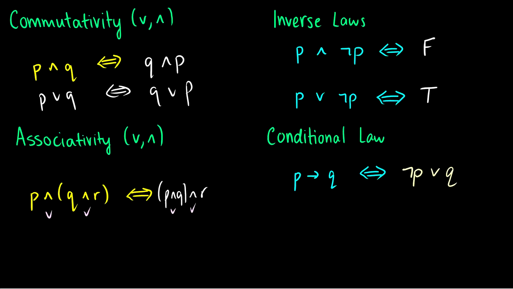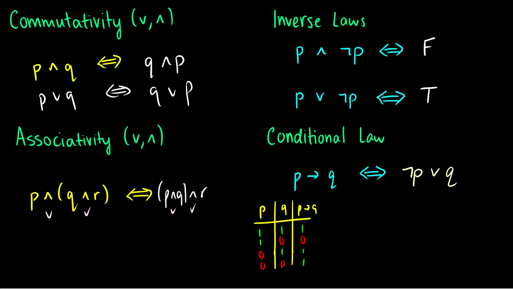So if we just take a look at the truth table really quick for this one. P, Q, P arrow Q. So this would be 1, 1, 1. I'm just going to fill out the truth table really quick here. So P arrow Q is true when P is false.